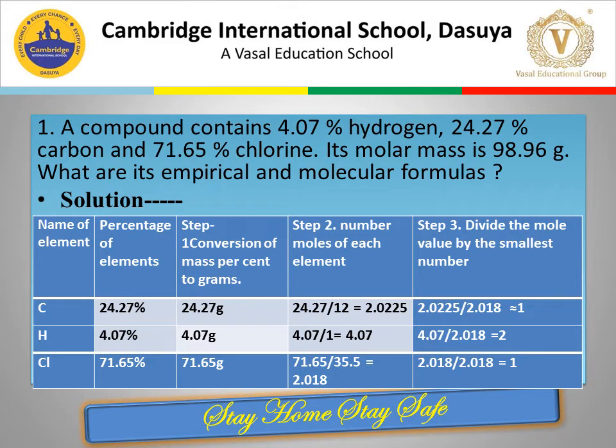Dividing all of these moles by the smallest value, that is 2.018, we find that for carbon it is almost equivalent to 1, in the case of hydrogen it is equivalent to 2, and in the case of chlorine it is equal to 1. So the ratio of carbon, hydrogen and chlorine is 1:2:1, and this will give us the empirical formula.